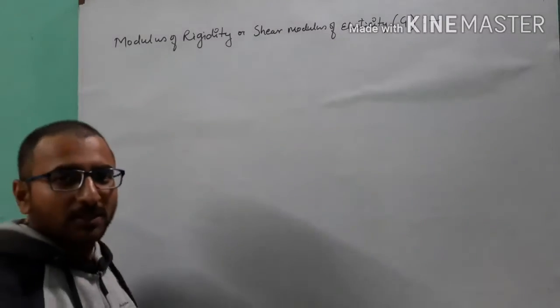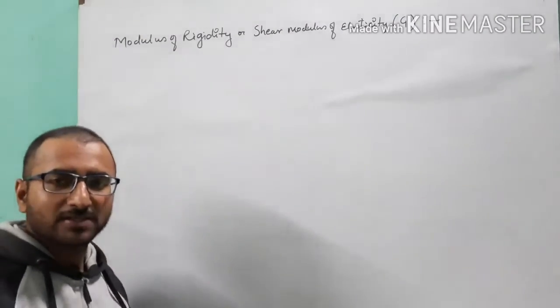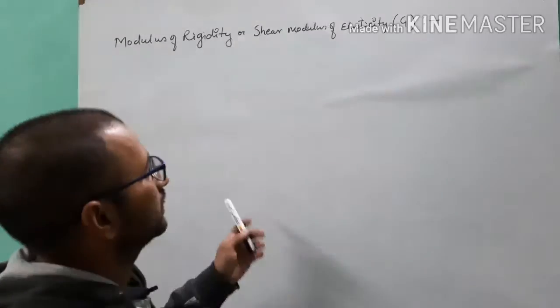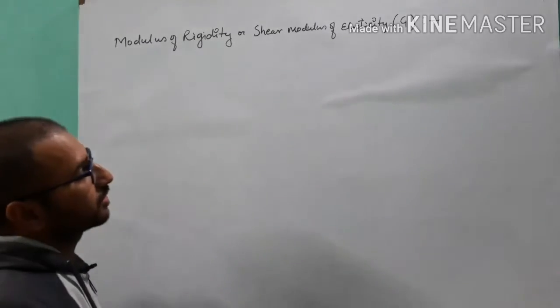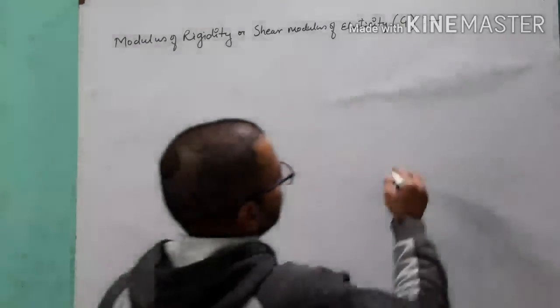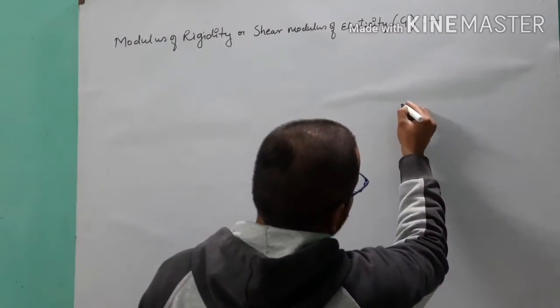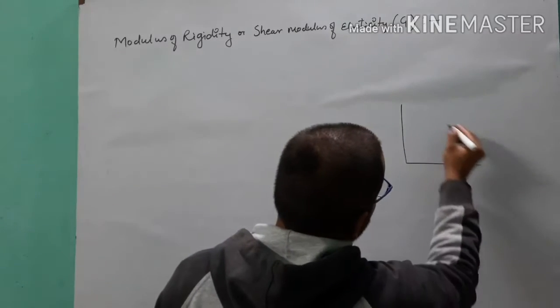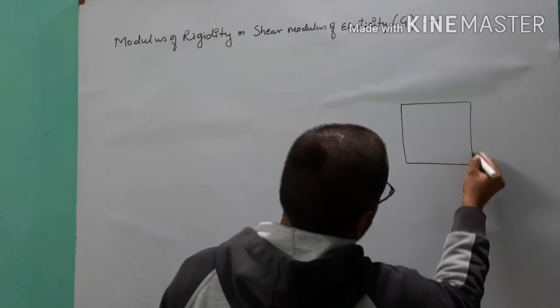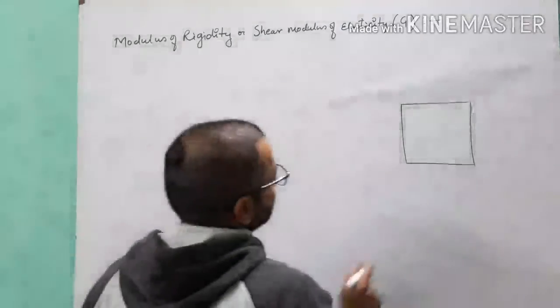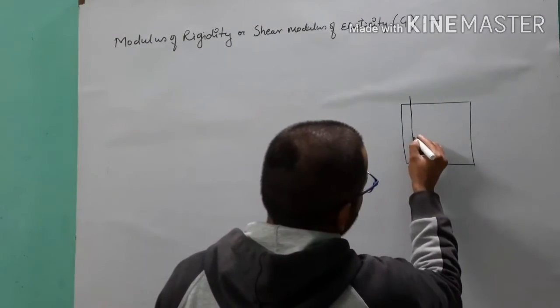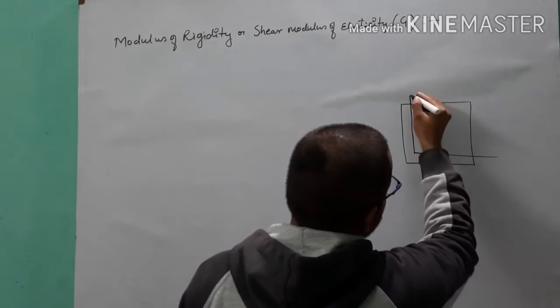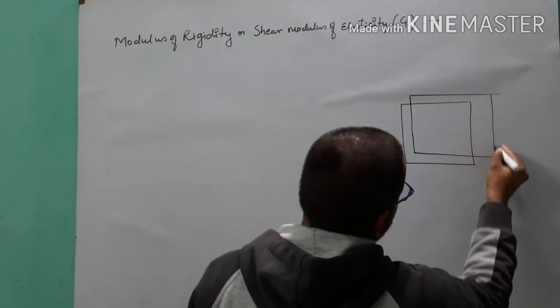Now after the discussion about Young's modulus of elasticity and bulk modulus of elasticity, here we have the third one, modulus of rigidity or shearing modulus of elasticity. As we know, this type of coefficient of elasticity we can find with the help of tangential stress and tangential strain.